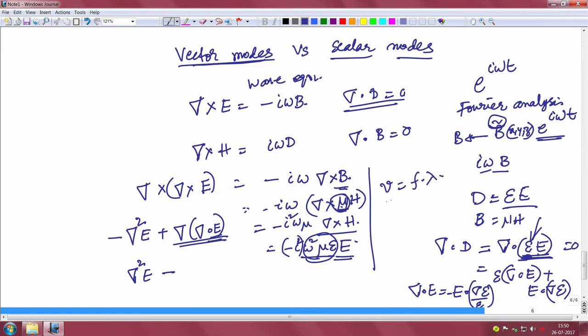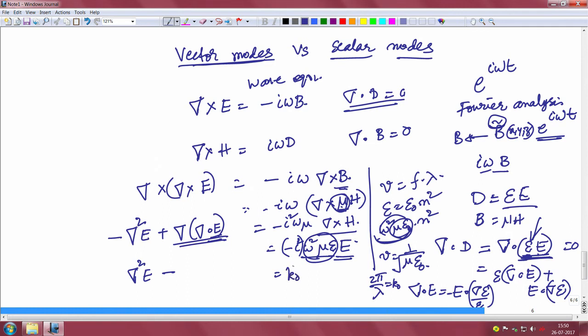We can replace this with omega square mu epsilon E, and also we note epsilon is epsilon 0 into n square. So, omega square mu epsilon 0 into n square. This can be replaced with k 0 square, where the velocity is 1 by root of mu epsilon 0, and this is equivalent to 2 pi by lambda, or k 0.